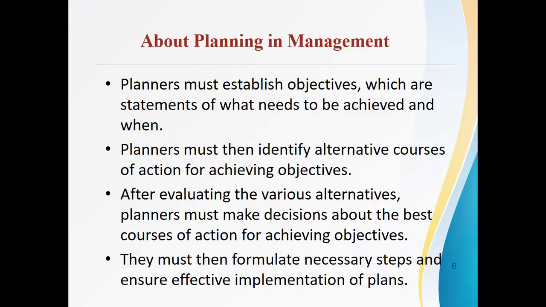In addition to that, the planners must establish well-defined objectives for the business, which is an important statement of what needs to be achieved and when it has to be done. The planners have to identify alternative courses of action for achieving the objectives.